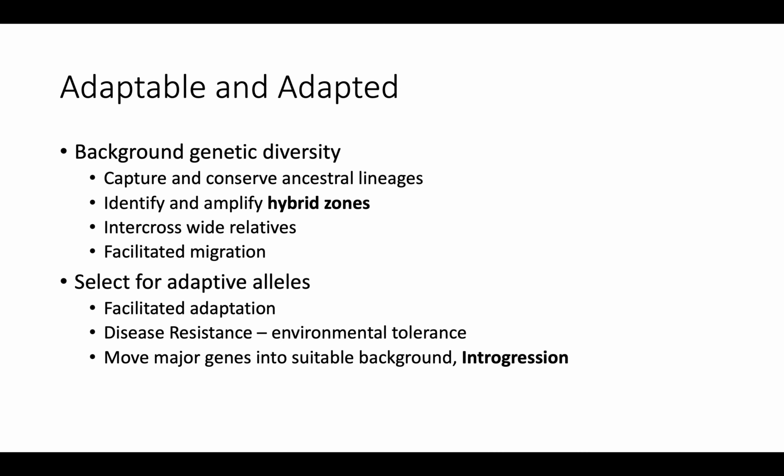So the idea of making collections and analyzing their genetic diversity is to build populations that are both adaptable, have background genetic diversity, and are adapted to known environmental conditions that hopefully are relevant for the future. Maybe we can make some climate-ready crops or hardier strains.